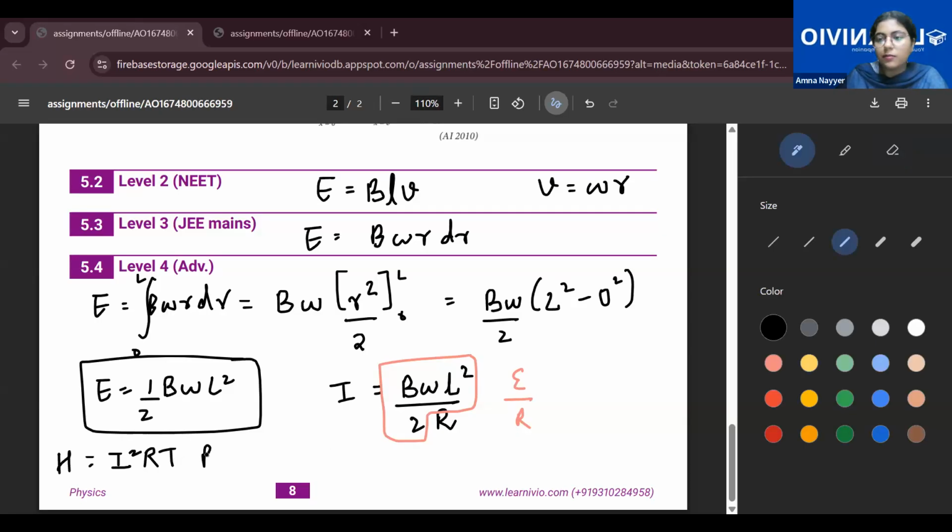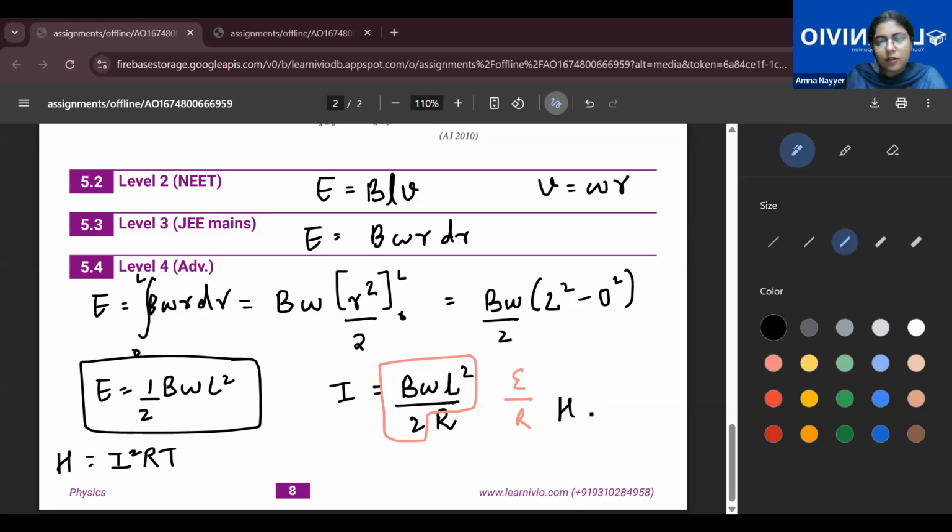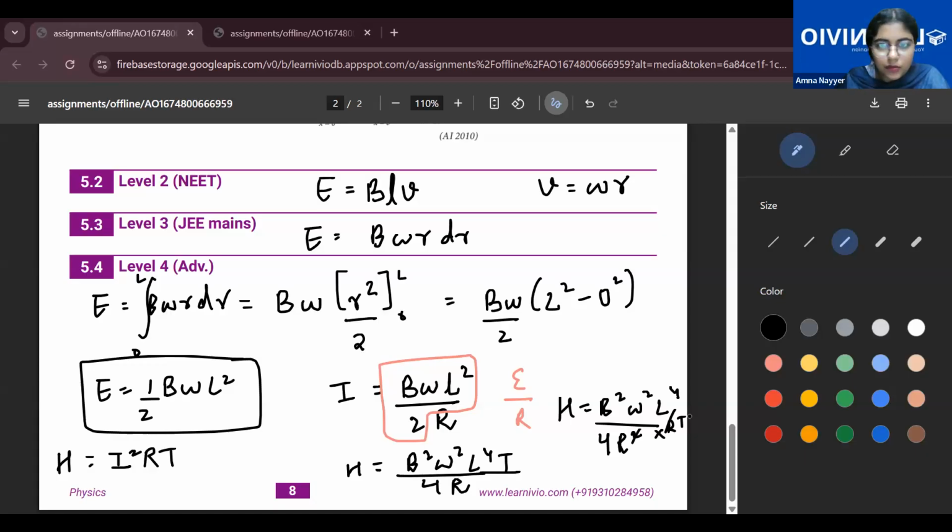That means B square omega square L to the power 4 divided by 4R square, and into RT. So one R will be cancelled. We can finally say heat is equal to B square omega square L to the power 4 into T divided by 4R. So that is the formula which can be used.